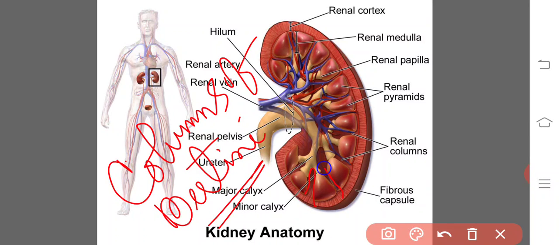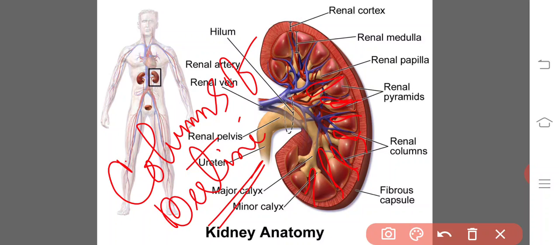So this is all about the internal structure of the kidney.